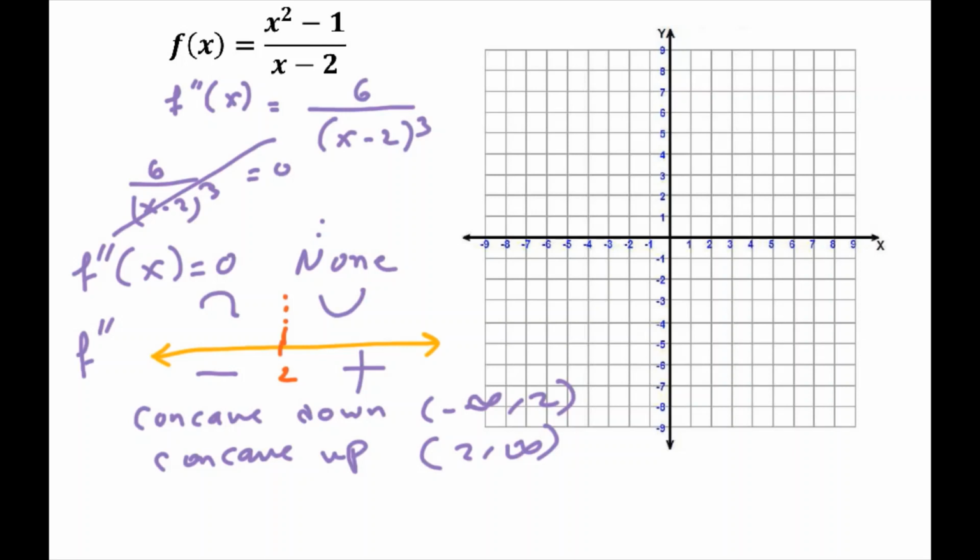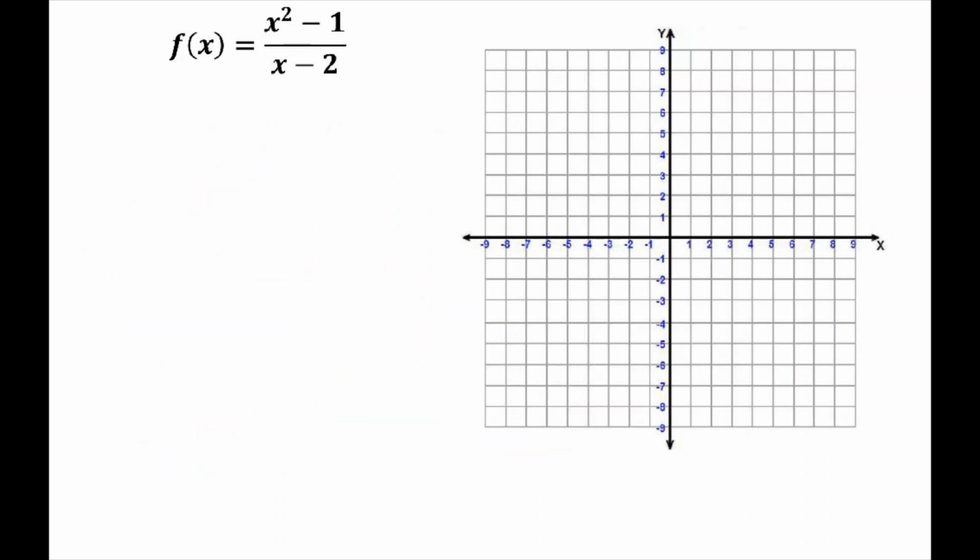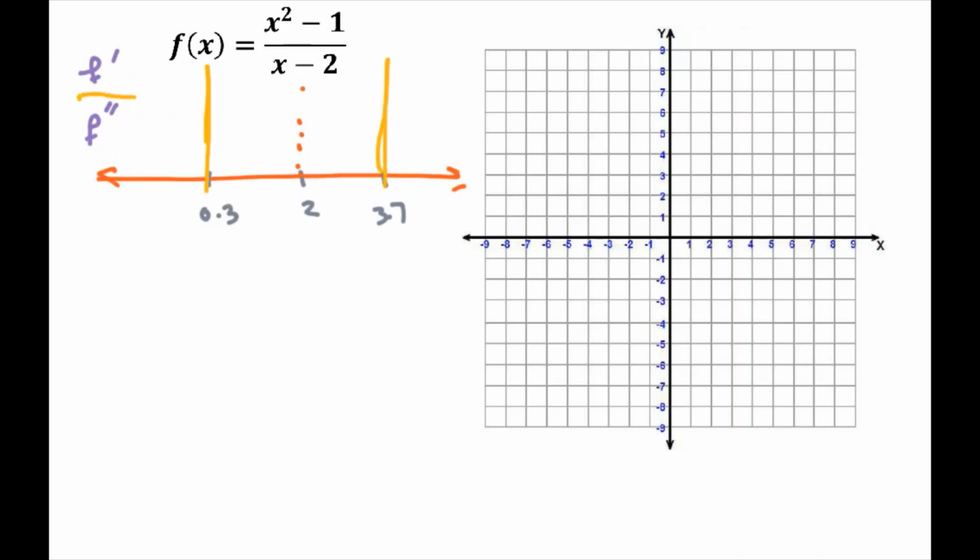Okay, so now let's put all of these things together. So I'm going to have 0.3, 2, and 3.7. And remember, this is a vertical asymptote. F prime, f double prime. A function was increasing here, decreasing, decreasing, and increasing.